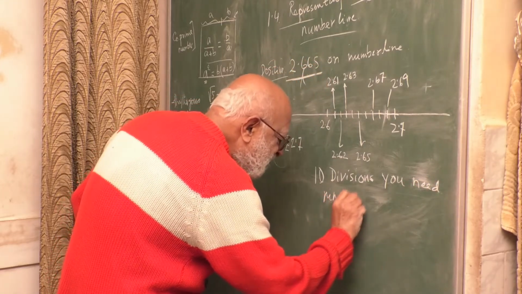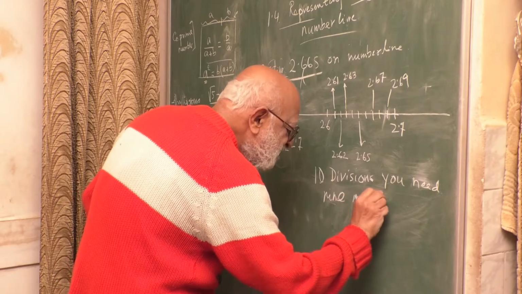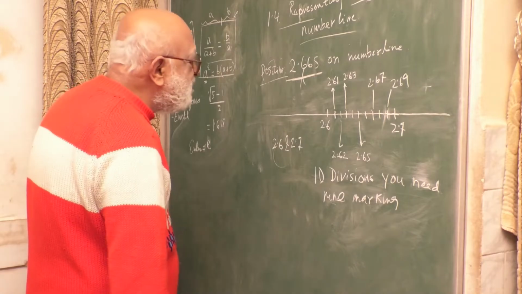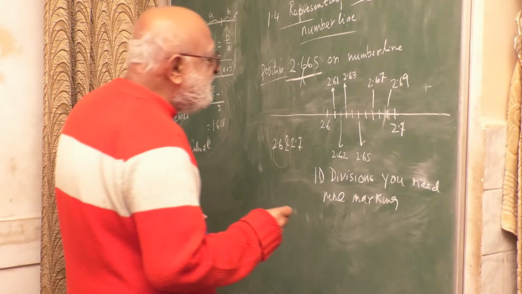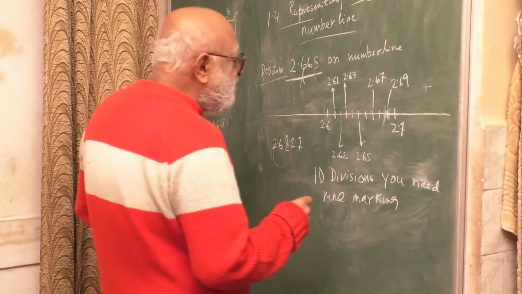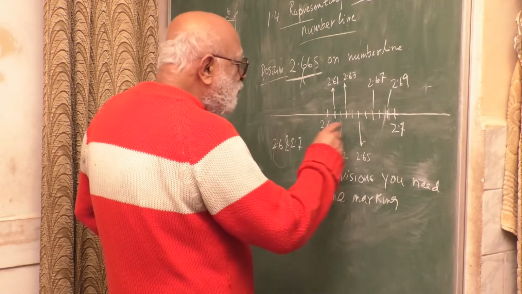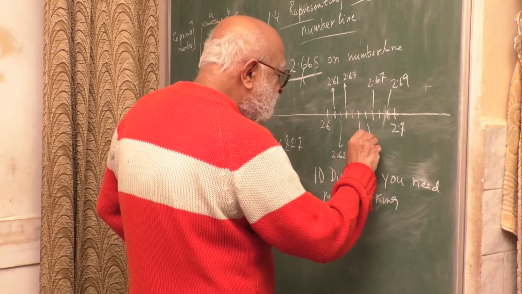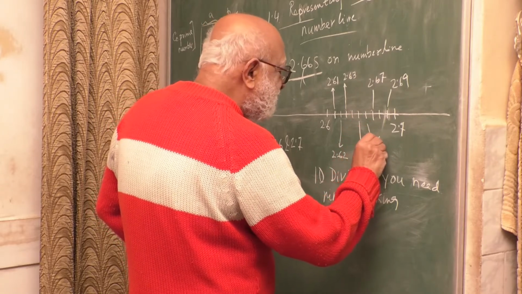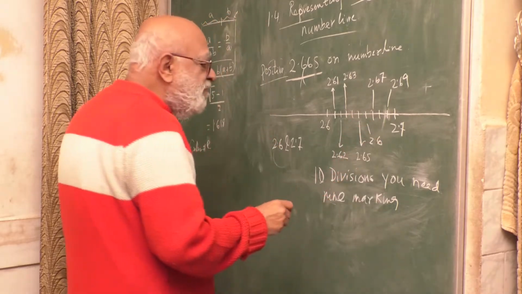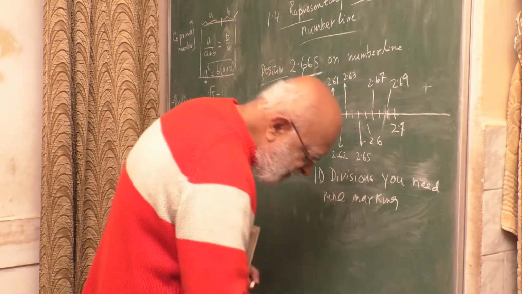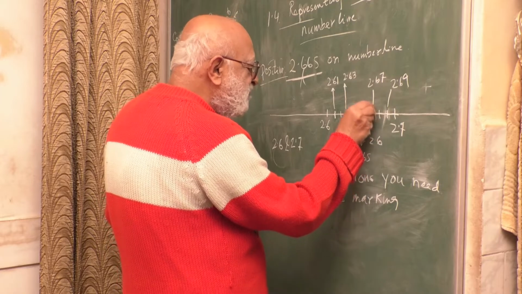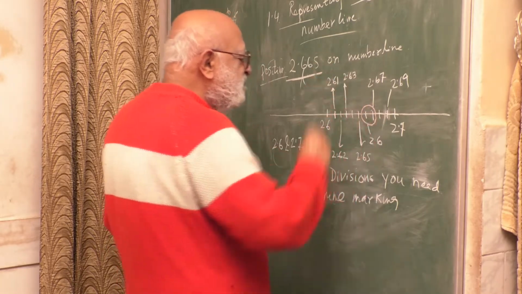Remember this, 9 markings. Okay, so you got 9 markings. So again 2.66 will be between 2.6 and this, so it should be between these two, right? It will be between these two.